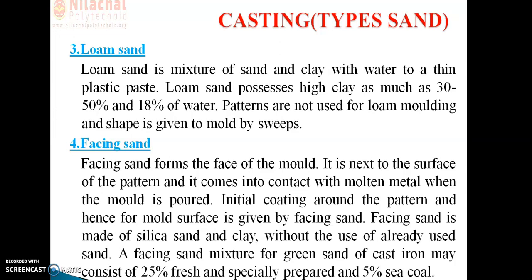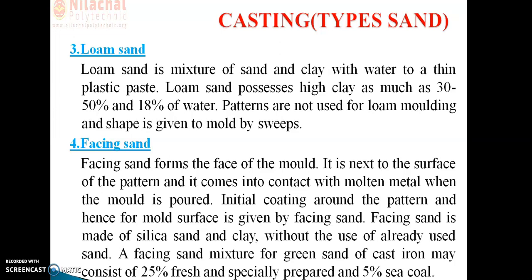The ingredients of loam sand are fine sand, finely ground refractories, clays, graphite, etc. Loam sand is used for skeleton patterns and sweep patterns. It is particularly used for large castings.